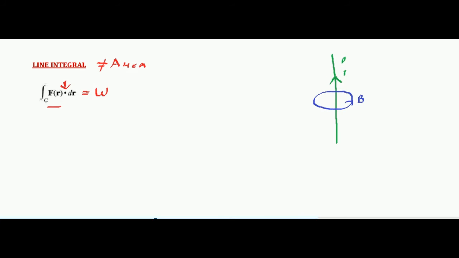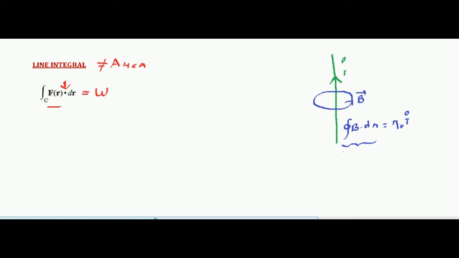You can see we do have circular fields in physics. The line integral of this magnetic field along this circle is equal to mu naught, the magnetic permeability, times the current. So this is an example of a line integral. So we do have line integrals in electrodynamics.